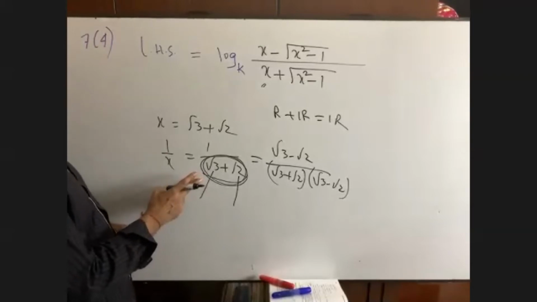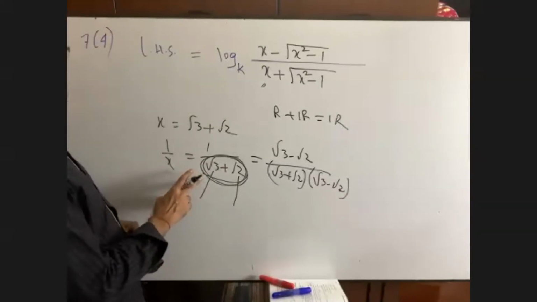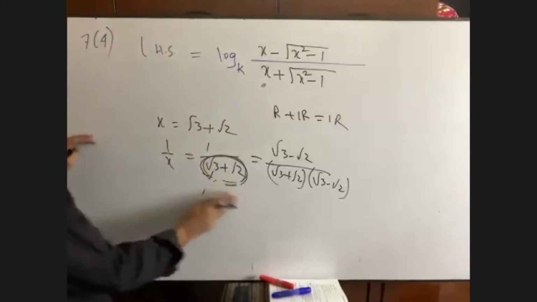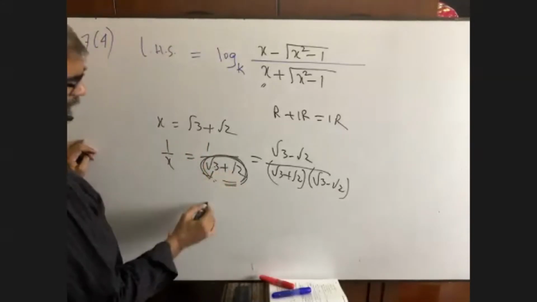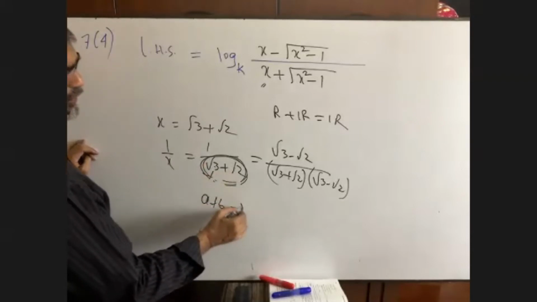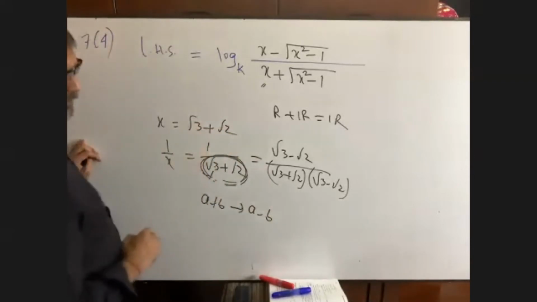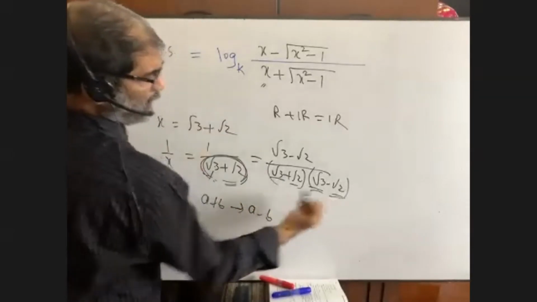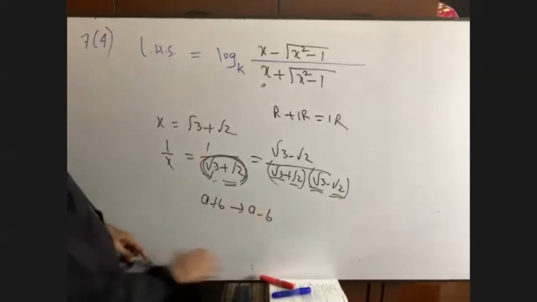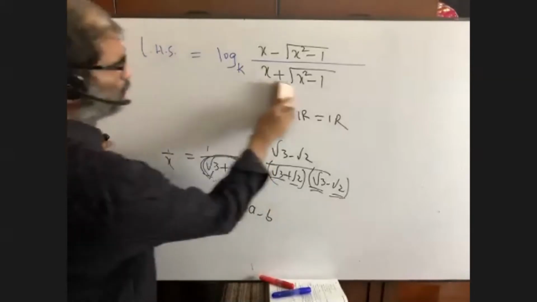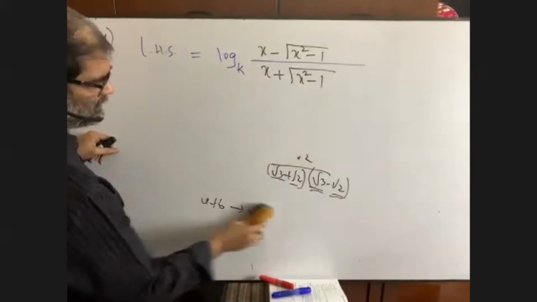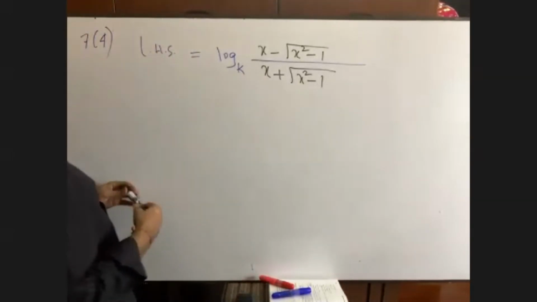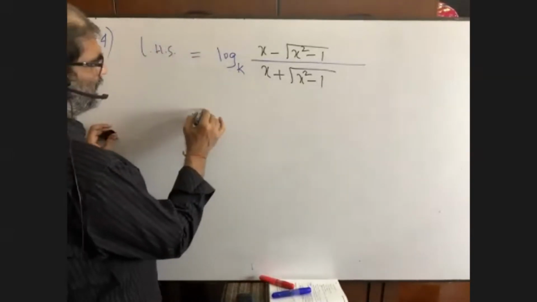You had to rationalize the denominator using its conjugate. What is conjugate? If it is a plus b, then its conjugate is a minus b, right? So you see here, we are going to rationalize the denominator.